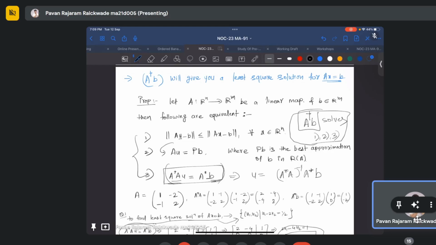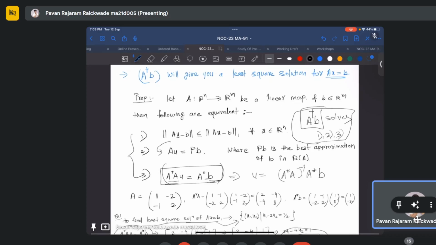The A dagger B will be A star A inverse into A star B. Instead of star, he took transpose because everything is real. So everything boils down to the Moore-Penrose inverse. I hope this whole Moore-Penrose concept is clear to you. It's a bit complicated, the theoretical aspects, but I thought you should know this.